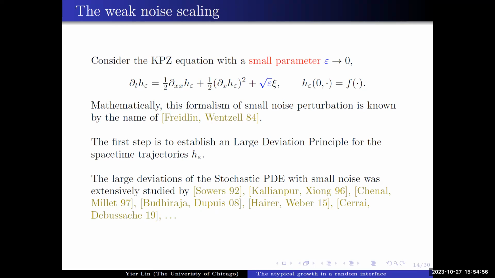This is what we're going to do, but I want to tell you that we're not the first to study the large deviation principle for stochastic PDE. Actually, there is a group of works, but what we're going to study is the KPZ equation, and it's not well posed in the classical sense, so we use a method that is different from this line of work.